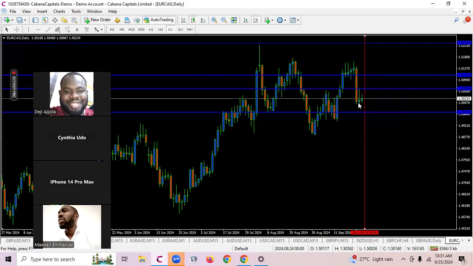So if you want to sell EurCad, my bias for the month and the week is sell. But based on how yesterday candle closed, it's likely price is going to pull back to fill this fair value gap before going bearish.